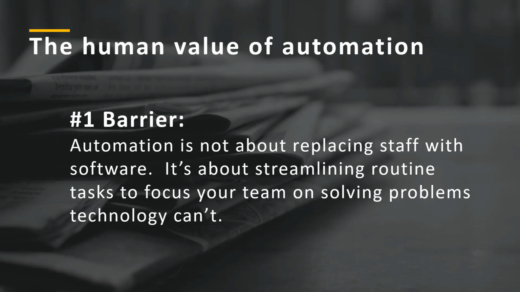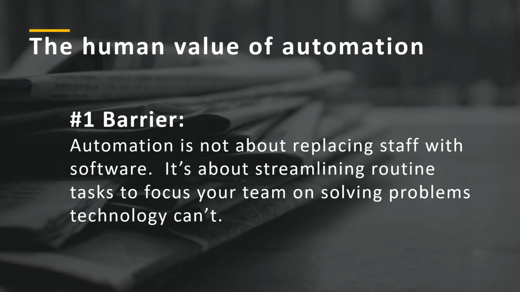There are still organizations out there that struggle to see the value of automating their accounts payable process because they've been doing it so long manually, and they think that's the only way it can be done. And to understand the value of automation, you first have to understand the human value of automation, sometimes known as addressing the fear of change.